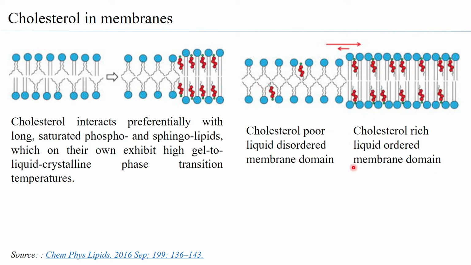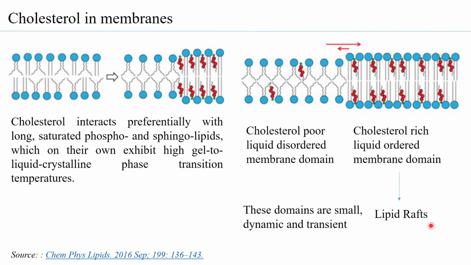And these ordered membrane domains are also what are called lipid rafts. These lipid rafts are small, very micro domains, and they can be transient, present only for a certain period of time. So they contribute also to membrane asymmetry and fluidity. So this is very important.